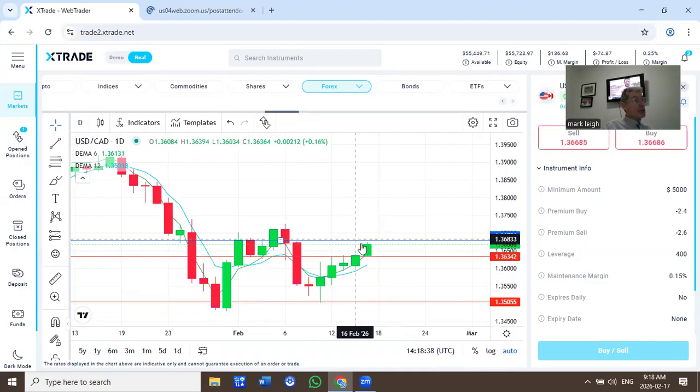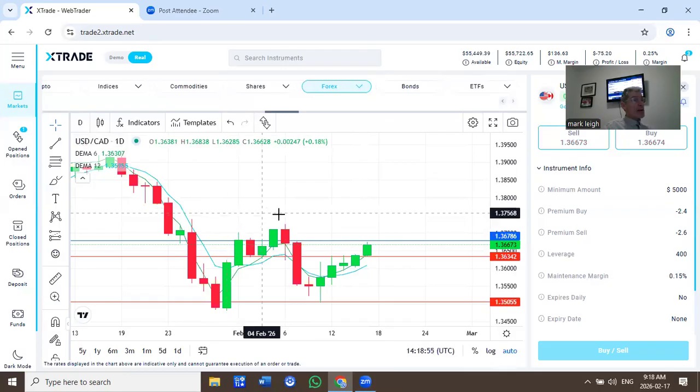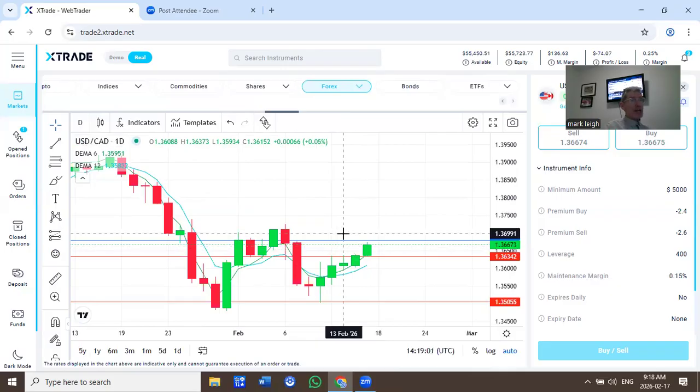Buyers looking to test break above that level, perhaps see if they can get to the $1.37 level. Strong buying US and selling Canadian. If there's going to be a turnaround again from strong to weak US dollar, sellers of US, buyers of Canadian would look to bounce down off this area around the 136.78, looking back down at the 136.34 support level.